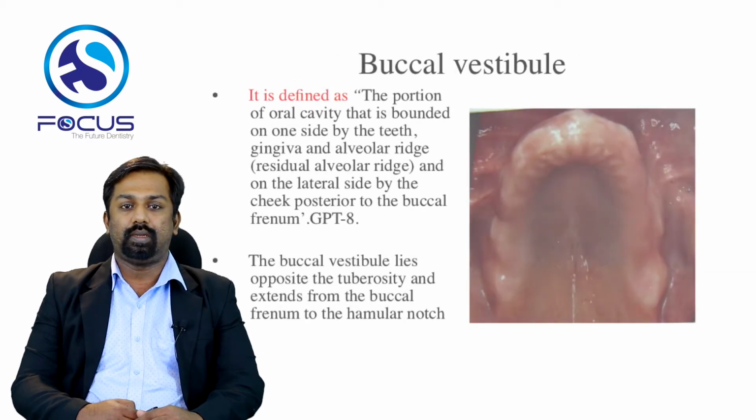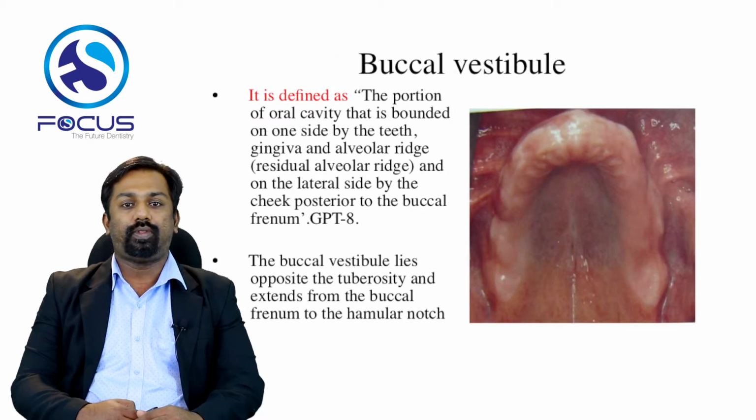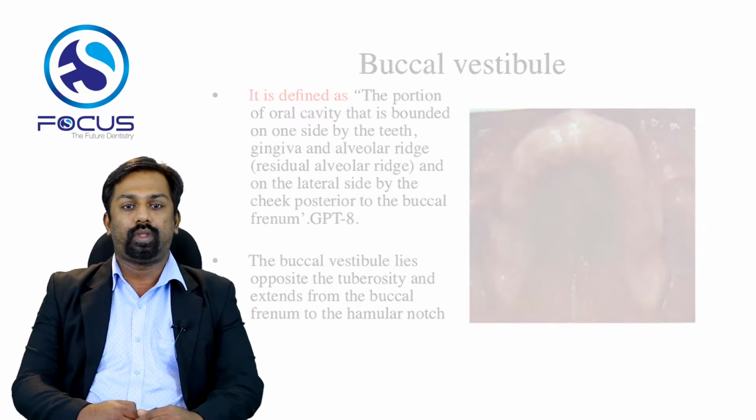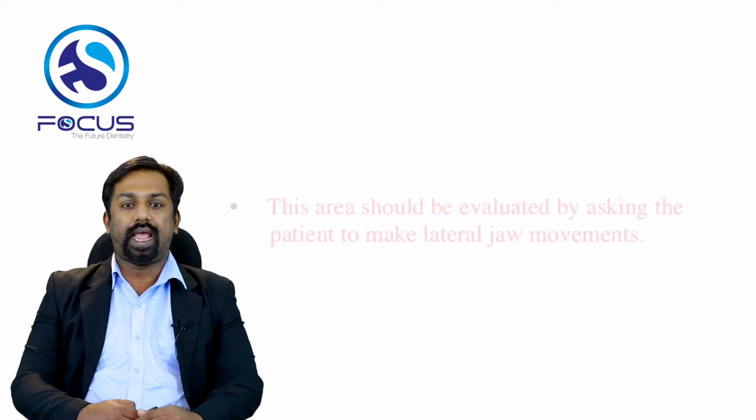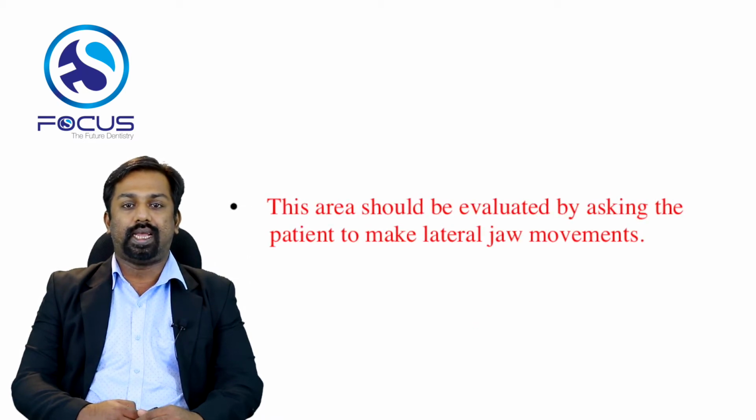Coming to buccal vestibule, it is the portion of the oral cavity that is bounded by teeth and gingiva and the alveolar ridge on one side, and laterally by the cheek, and posteriorly by the structures which lie posterior to the buccal vestibule. The important aspect of buccal vestibule is that the size of the buccal vestibule changes by the action of buccinator muscle.